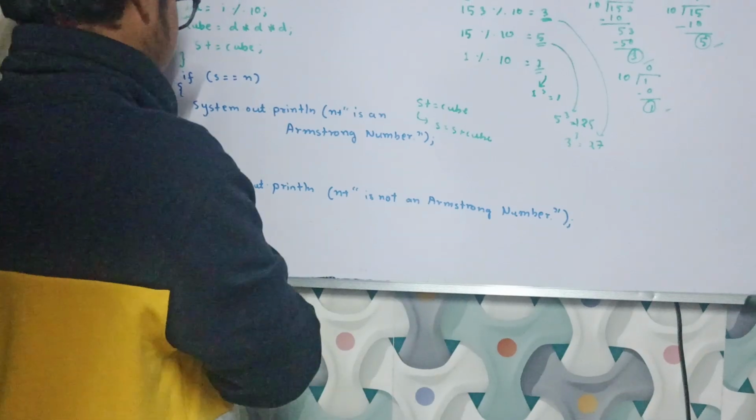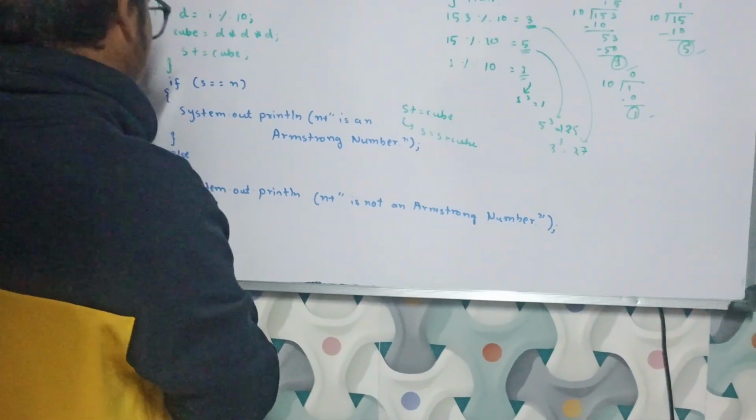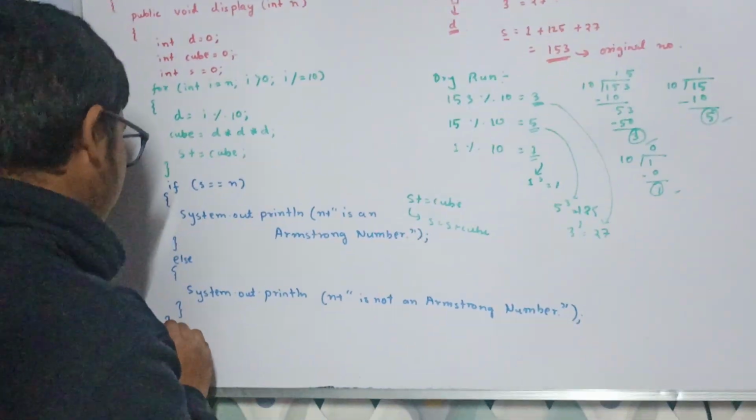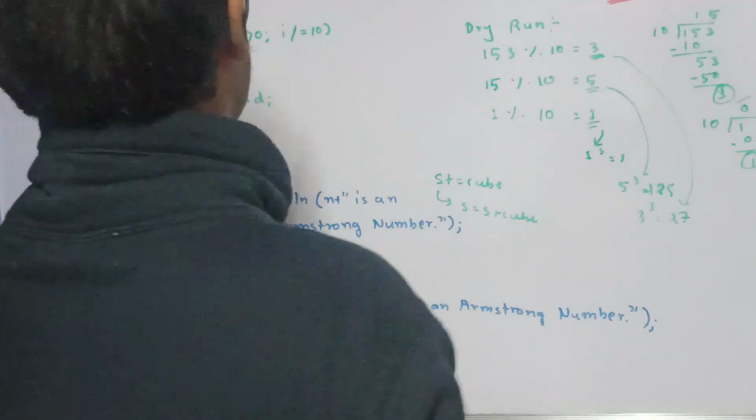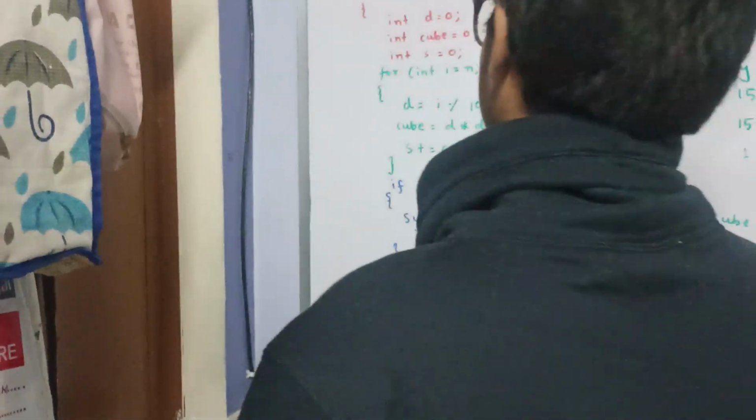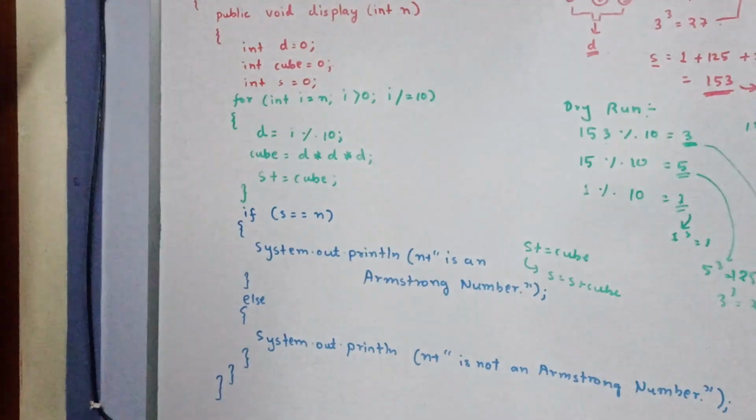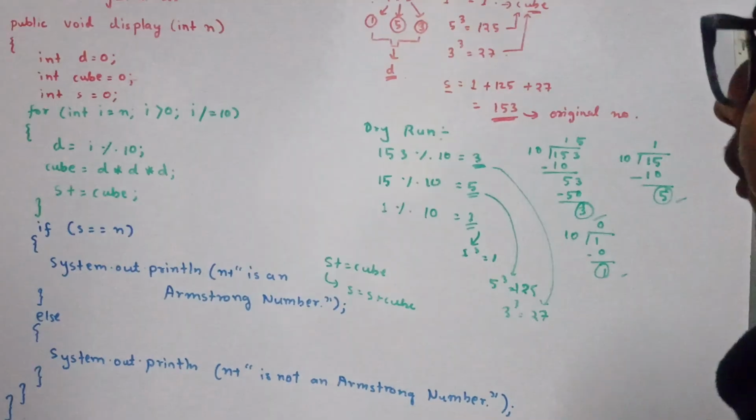And here you will end the bracket for else, you will end the bracket for this public class, and you will end the bracket for this class you have declared. So this is the process of how we do the Armstrong number using a for loop.